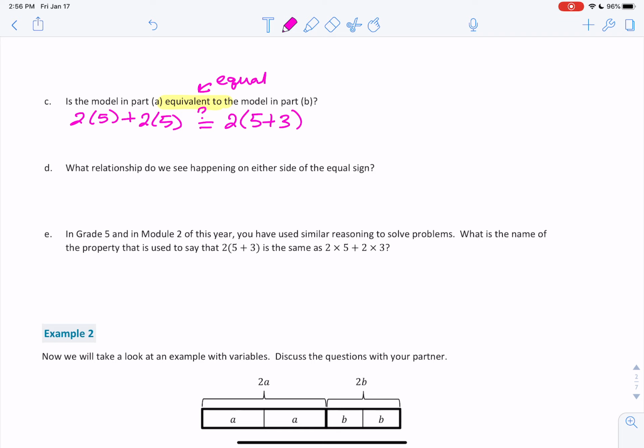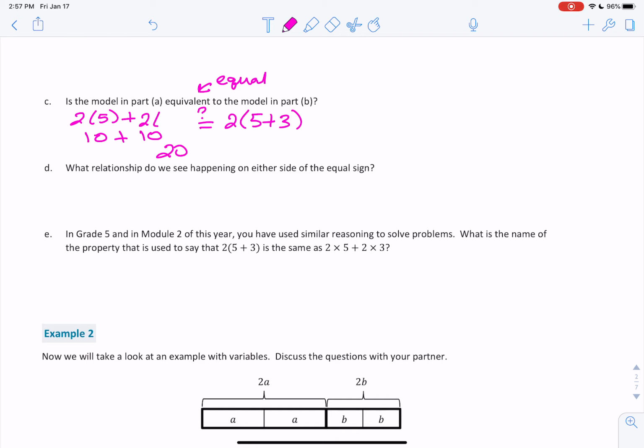So what we need to look at is whether or not, if we multiply them out, we will get the same answer. So for the first problem, we have 2 times 5 and we get 10 plus 2 times 5, which is 10. And if you add those together, we get 20. Uh-oh, I messed that up. Sorry, guys. This was actually not 2 times 5.